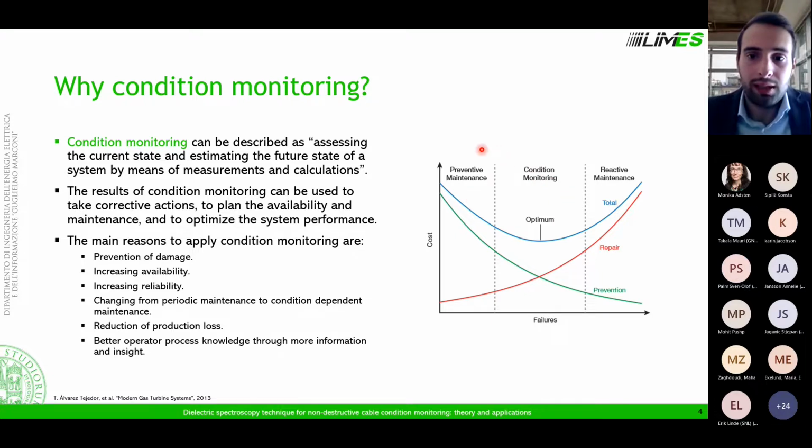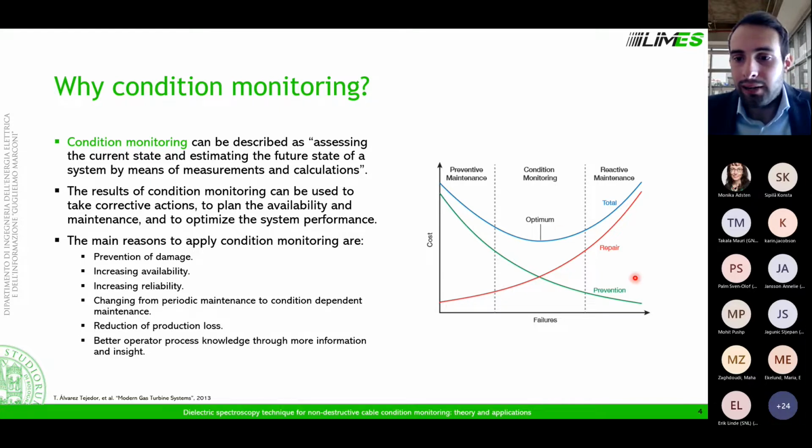The first one is the preventive maintenance, when we have a low number of failures, and we are increasing the cost of actions because we are doing more prevention actions than needed. Obviously, since the number of failures is very low, the cost of these repair actions is also very low.